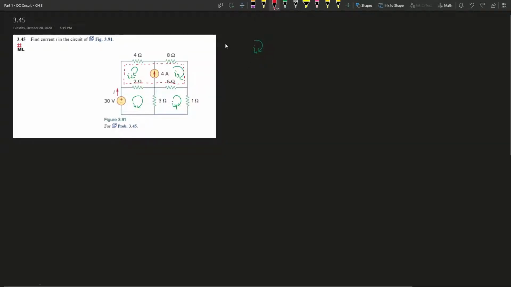We're doing the Kirchhoff voltage law using the mesh analysis method. So start from the bottom left corner and we go clockwise, so it would be negative 30V plus 2I1 minus 2I2 plus 3I1 minus 3I4. Okay, and this whole thing gives us 0.